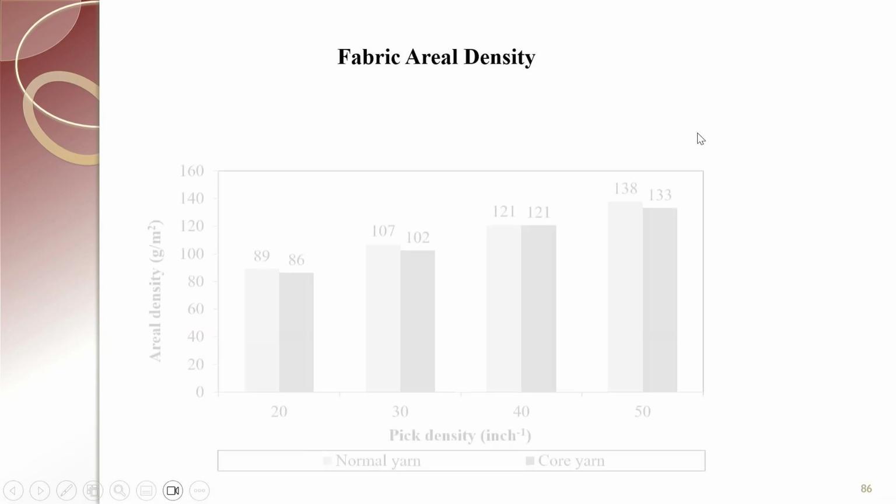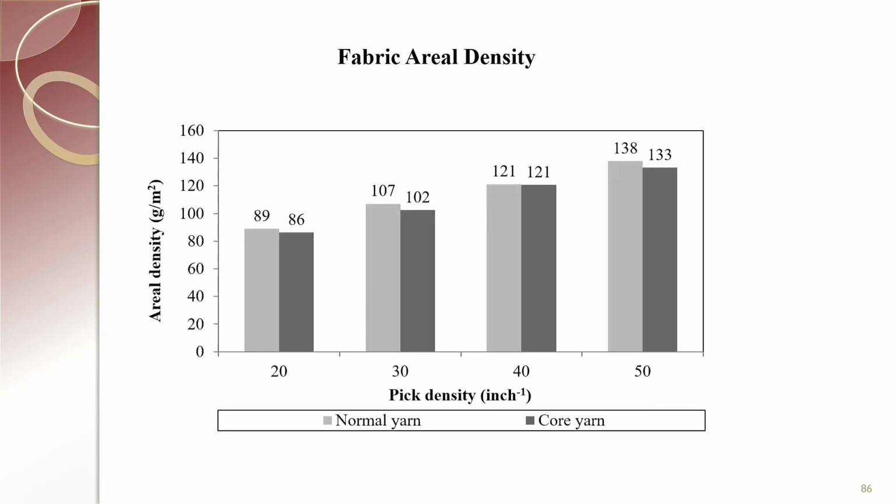Now, fabric areal density: there is no specific trend, no significant difference, although the core yarn gives a little bit lower areal density, that may be due to the stability and the distortion. But no clear trend is observed.